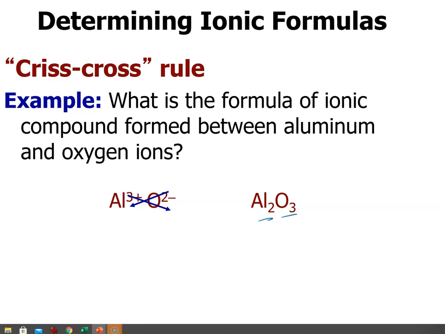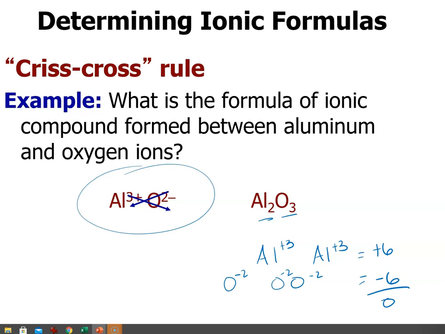This says that we have 2 +3 aluminum, and if we add those charges together, that gives us a +6. Oxygen, we have 3 of those, each a -2, and that gives us a -6. So that overall charge is 0. This is just a quick, easy tool that we can use to generate our simple formulas for ionic compounds.